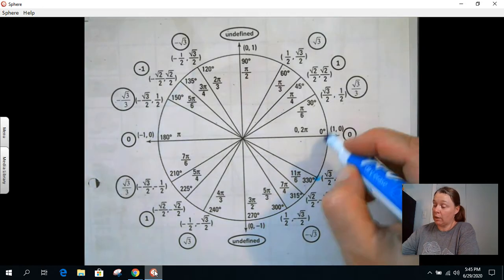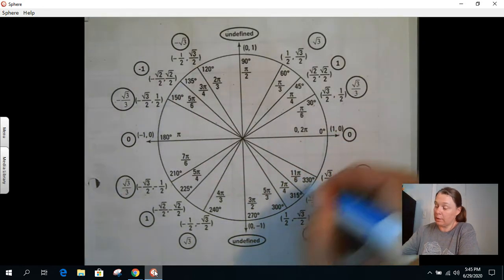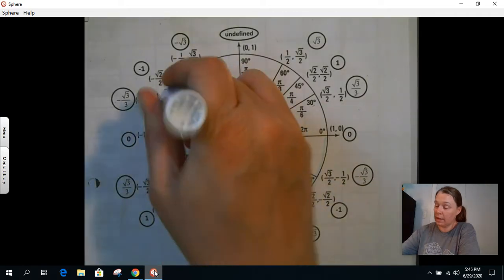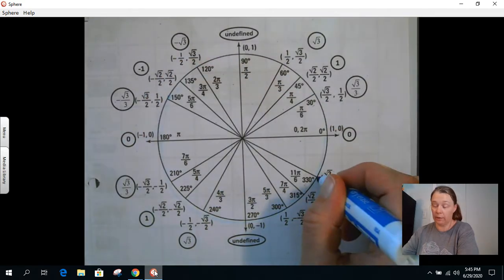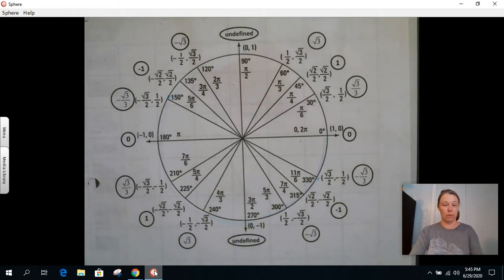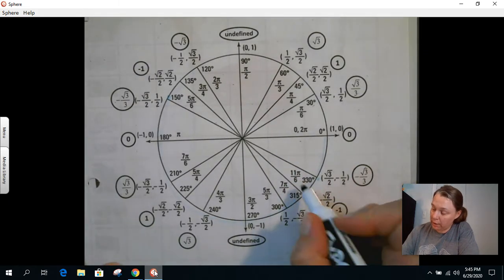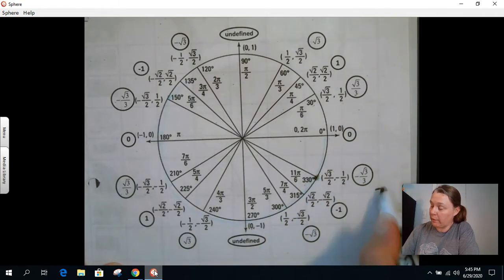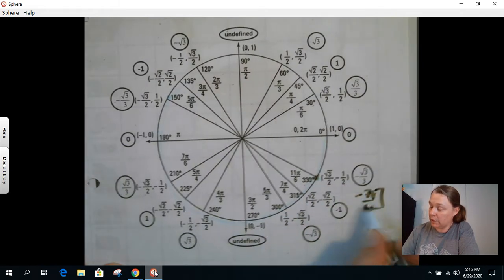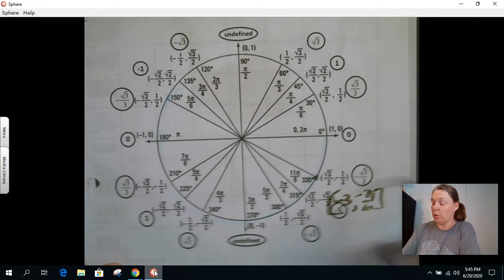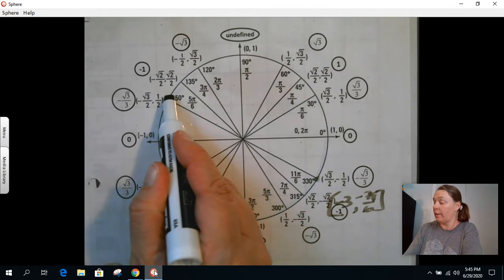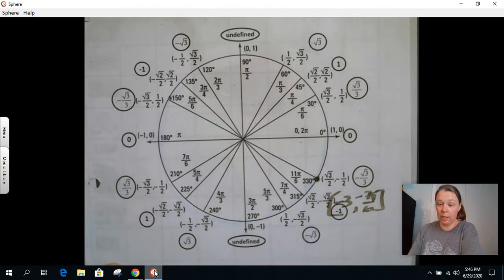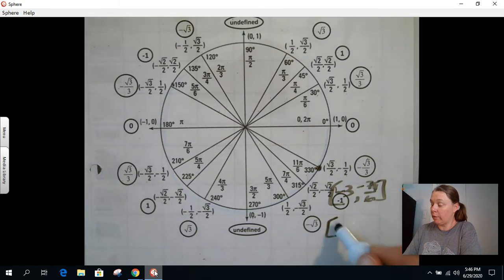So I had gone negative 7 pi over 6 and then went back negative 3. My marker is lousy. So this point here that I was given was negative 7 pi over 6, and it was a radius of negative 3. So that took me to here, and then I came across to here with a negative radius.